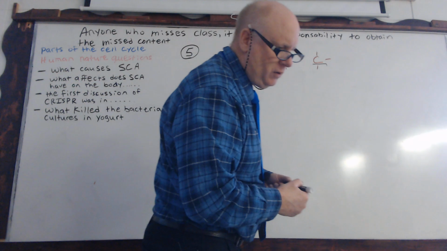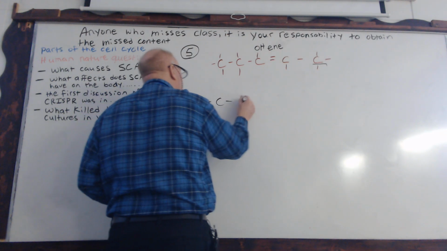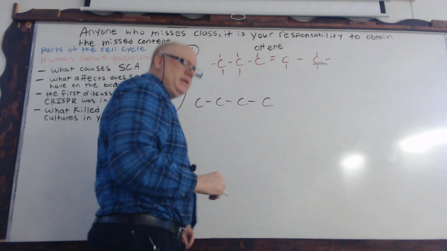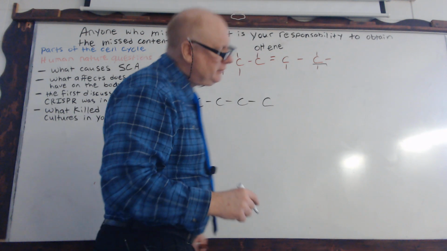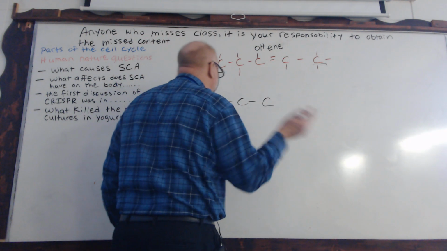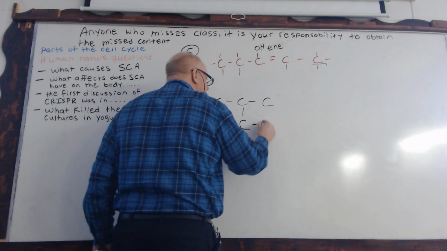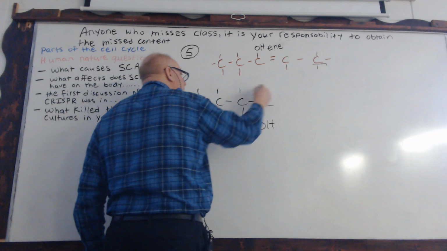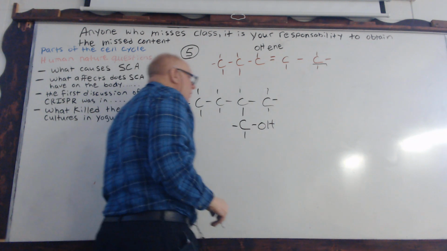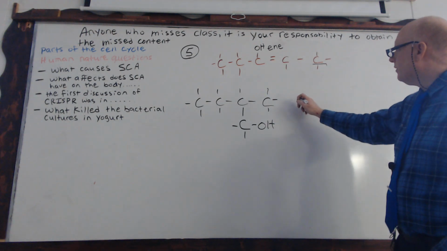So number 9, 1, 2, 3, 4, which is not a number we want to have. Okay, so what are we trying to do with this alcohol in number 9?